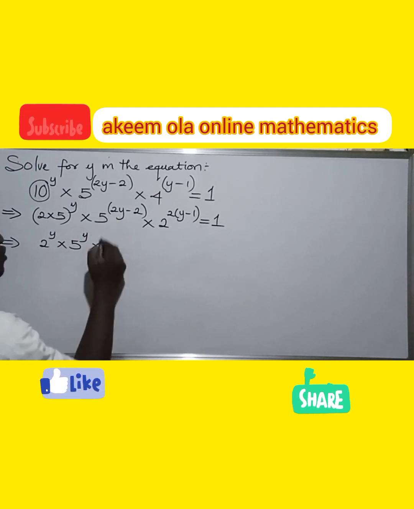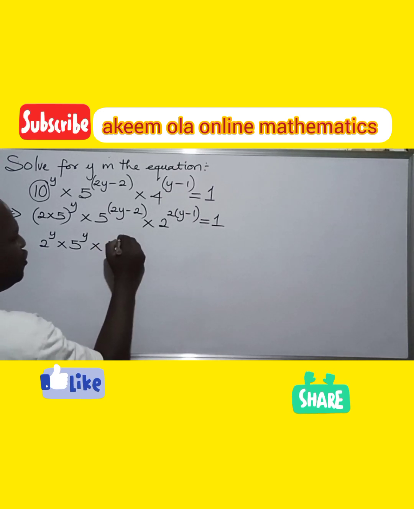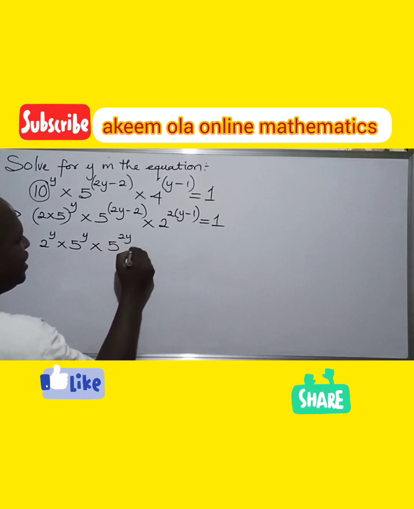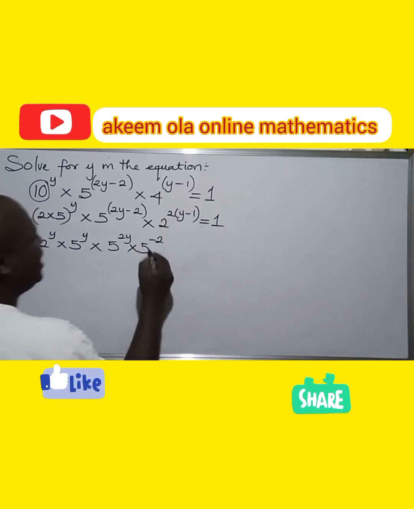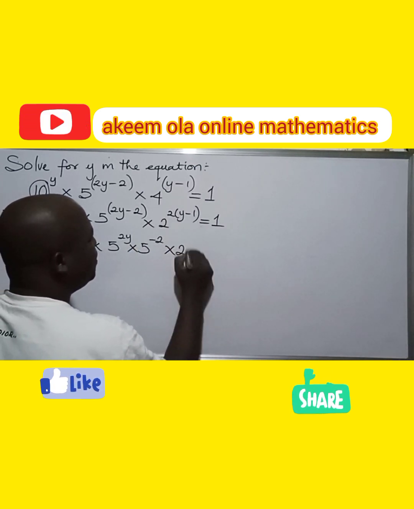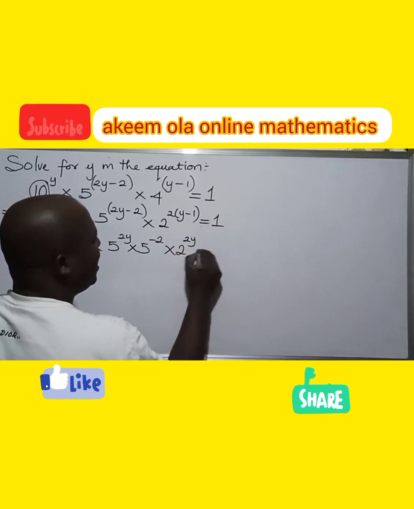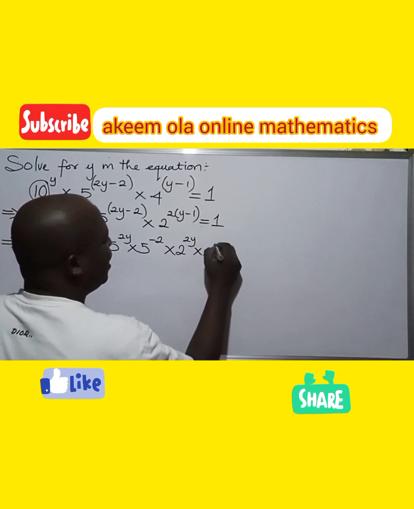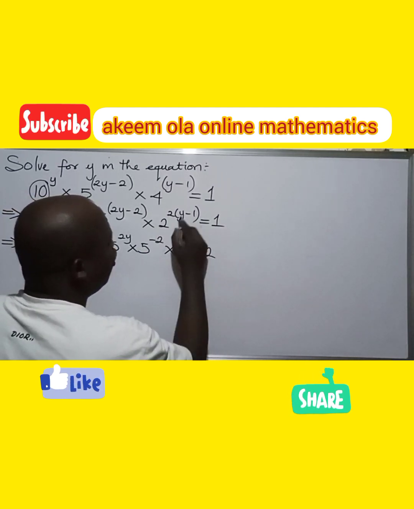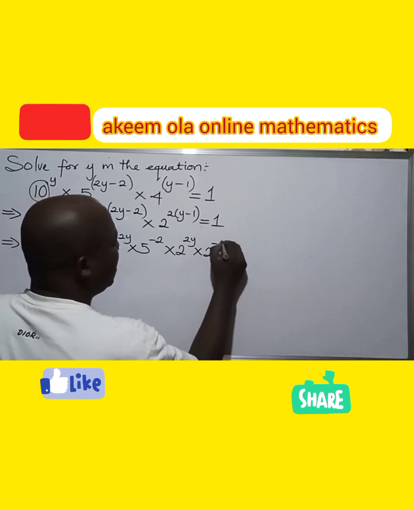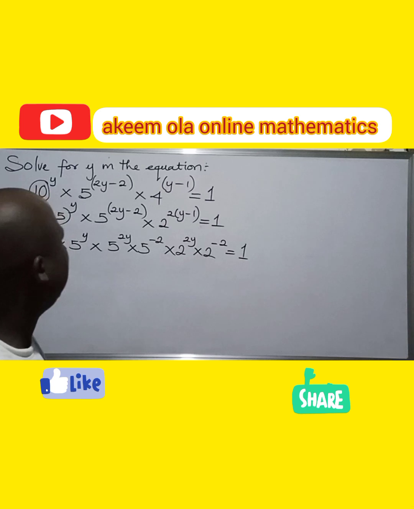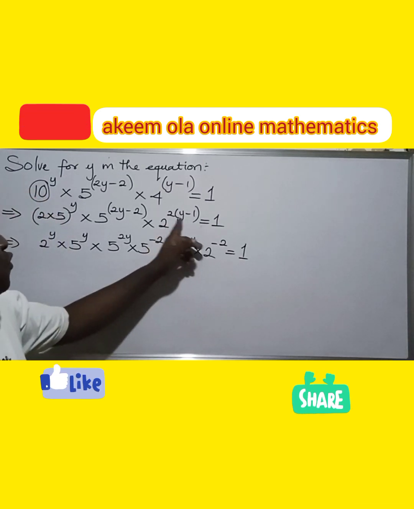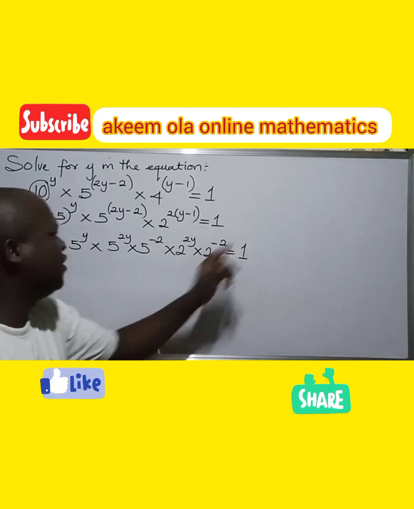Then simplify this one further, we have 2 raised to power y times 5 raised to power minus 2. Then times 2 raised to power 2y times 2 raised to power, if you open the bracket, this one will give us minus 2, is equal to 1.